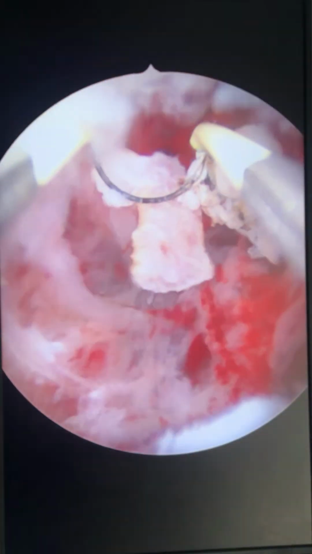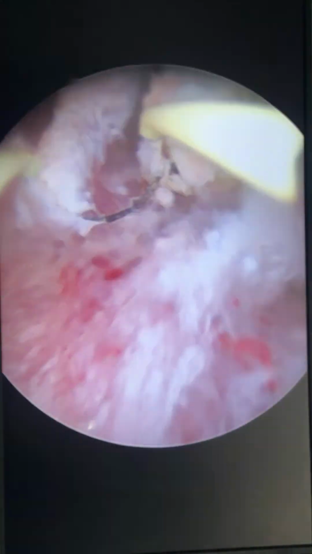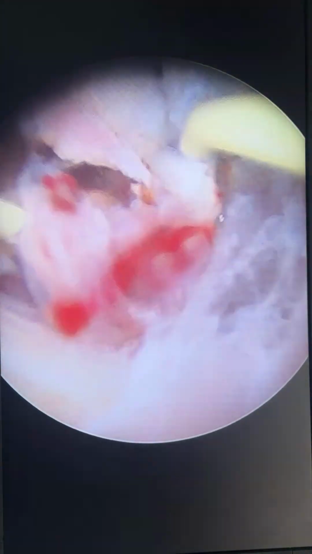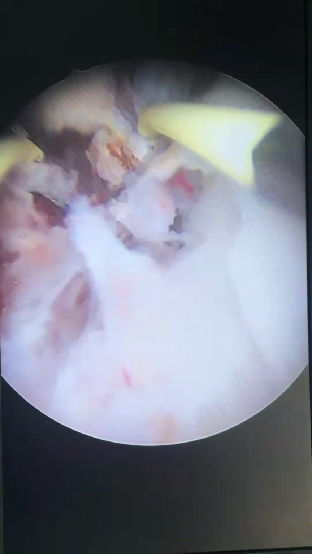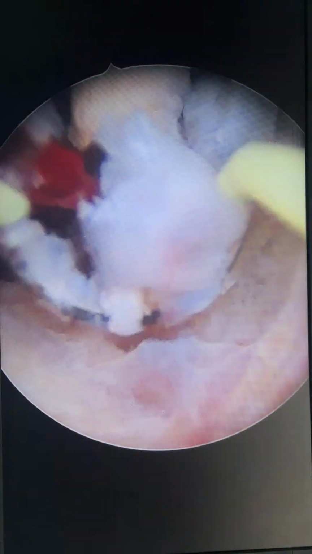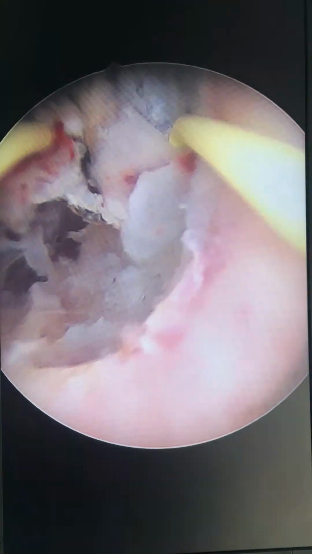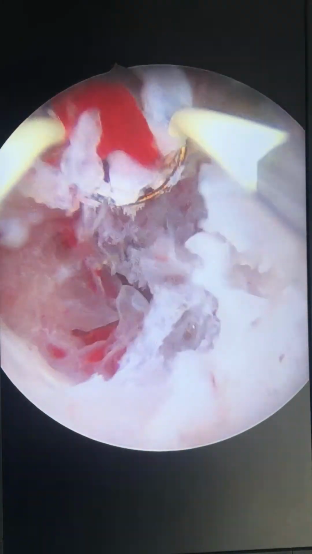So we keep a measured. The right side is getting a little difficult to reach.